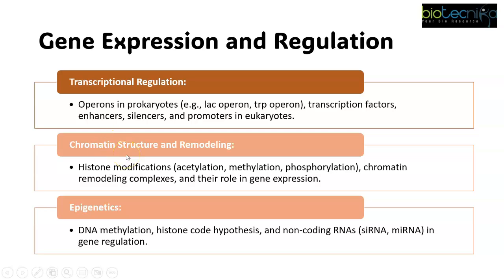Histone modifications can happen, like acetylation, methylation and phosphorylation. Various amino acids at different positions of the histone molecule can be acetylated, methylated or phosphorylated, and that changes the way the histone interacts with the DNA around it. Some modifications make the DNA wrap tightly around it, and if the DNA is tightly wrapped, the transcription machinery will not be able to reach the DNA and the expression of the DNA will be stopped.